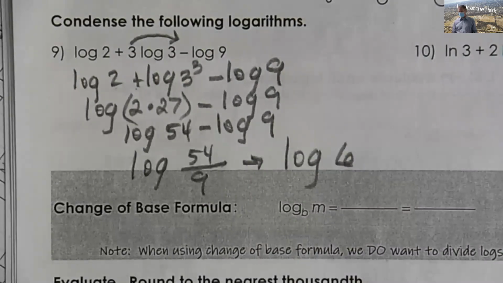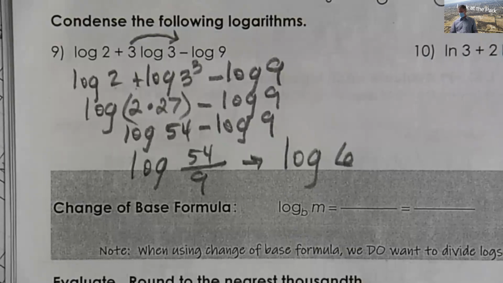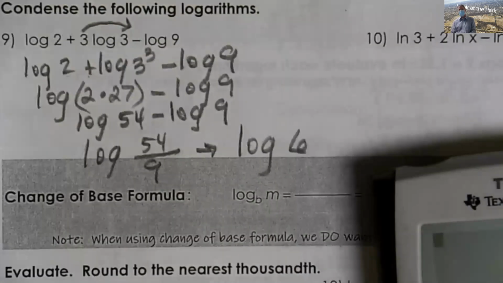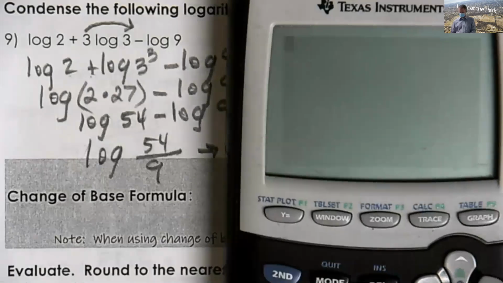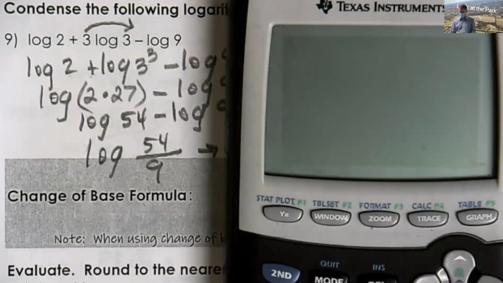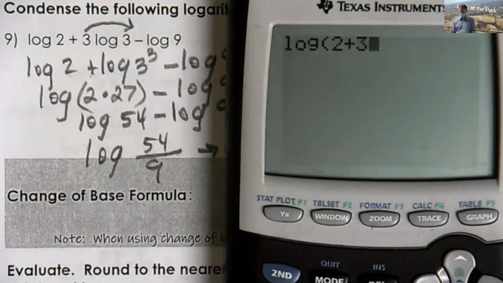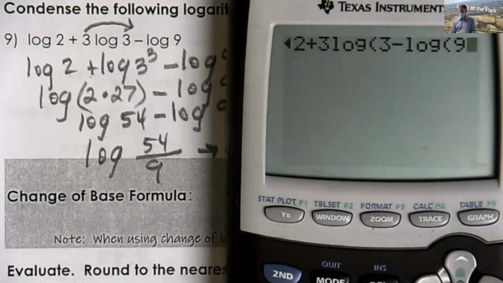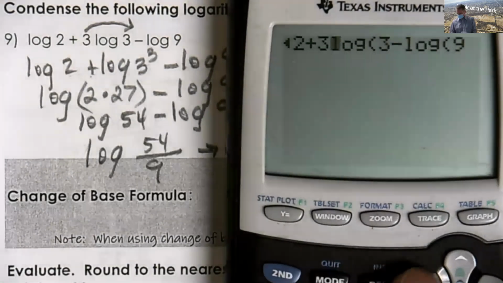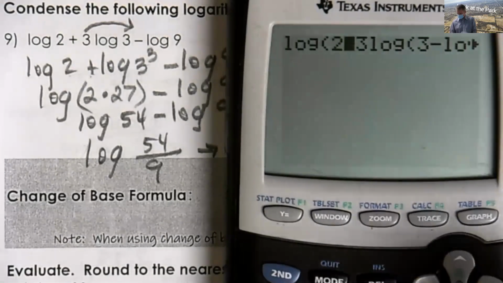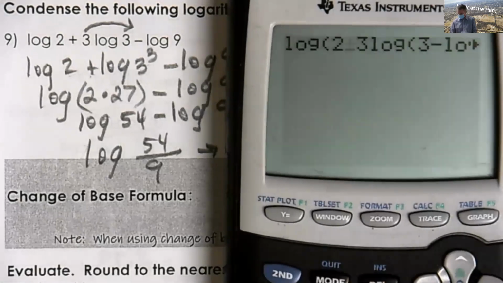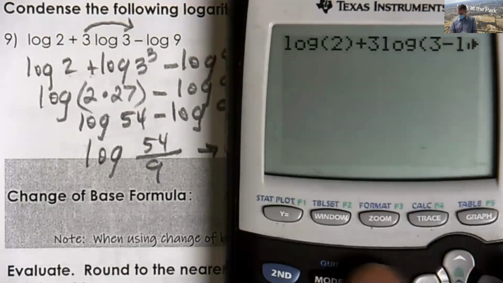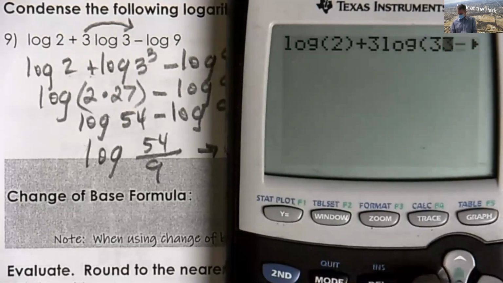And if you wanted to test all this, you could test it out because there are no variables with this one. You could say log of 2 plus 3 log of 3 minus log of 9. Let's just be sure that we have our parentheses in here where we need them, and it doesn't mistakenly read that as something else.